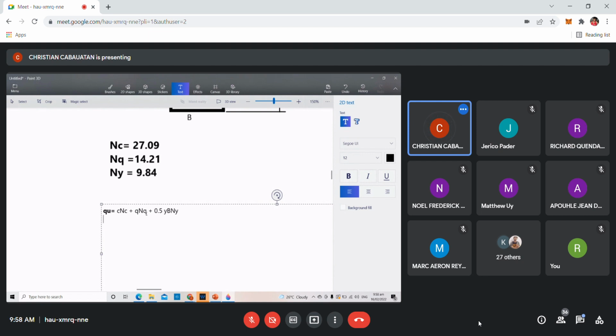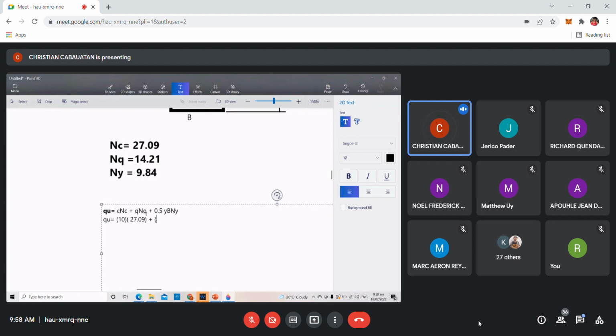Okay lang. So, QU is equal to, ang cohesion na binigay is 10, at ang kanyang NC ay 27.09. I-add natin kay Q and Q, which is the gamma multiply the depth of the footing.